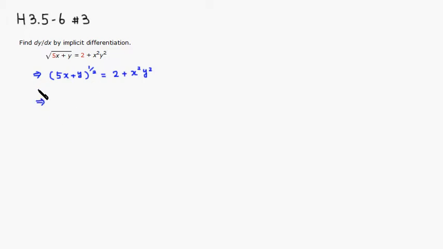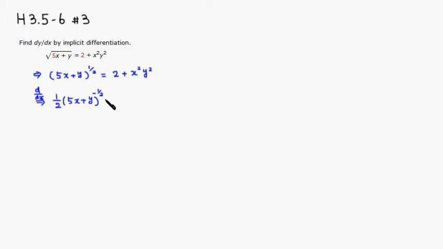Then I'm going to take the derivative with respect to x. So take the derivative of that with respect to x. We'll get, power rule, so 1/2 in front. Keep exactly the same inside function, so 5x plus y. Subtract 1 from the power, so negative 1/2 power.